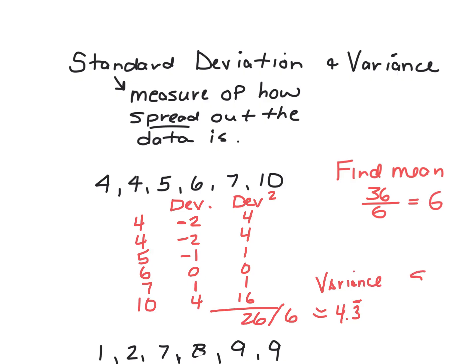And then to get the standard deviation, we're going to take the square root of that variance, the square root of 4.3 repeating, which would be 2.08. And that is the standard deviation of this set of data. Basically, it means that each of these scores is on the average about 2 units away from the mean.